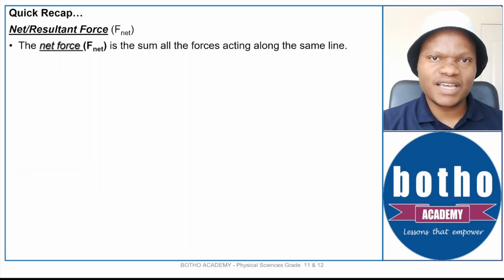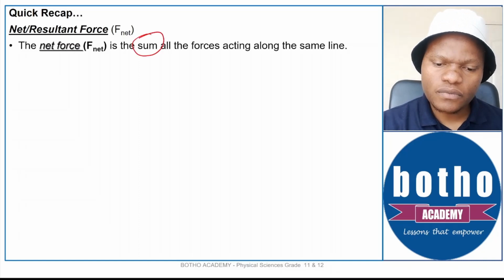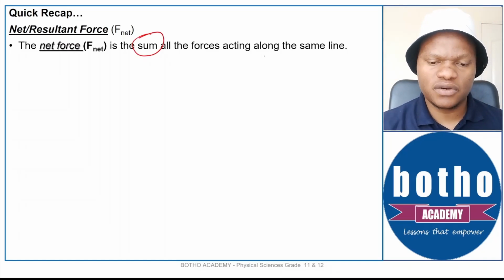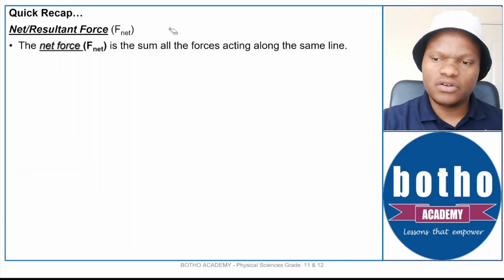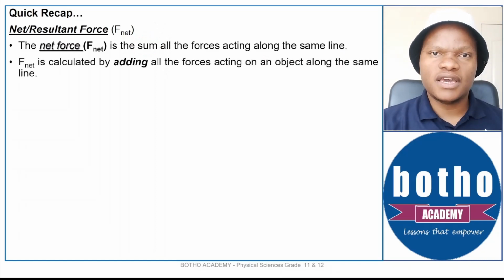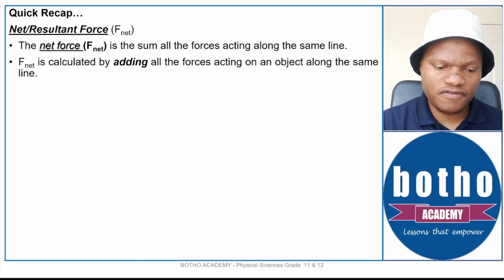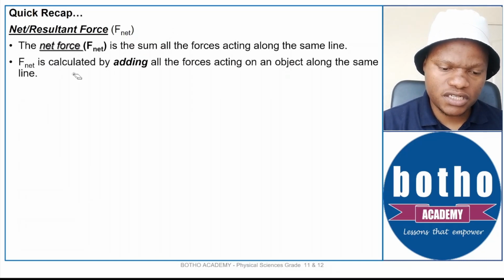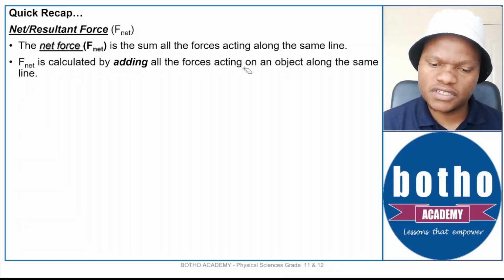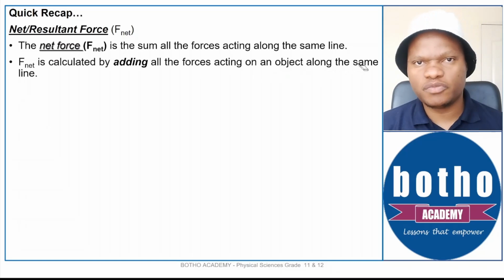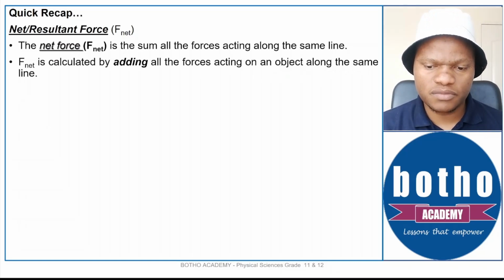So the resultant or the net force is actually the sum of all forces acting together. What that means is that in order to get this net force or the resultant force, we need to add all the forces. So F net is calculated by adding all the forces acting on an object along the same line. I'm going to explain the concept of along the same line just now.